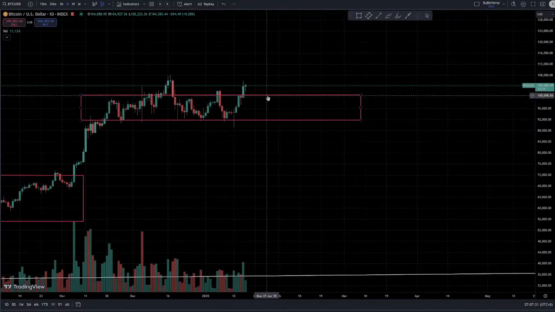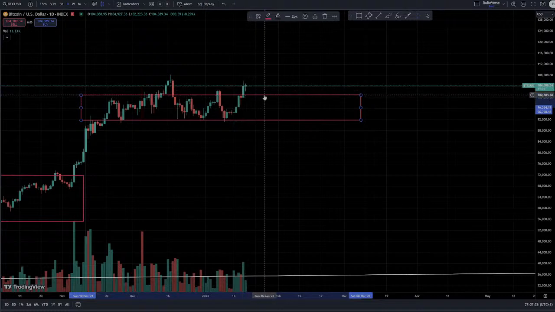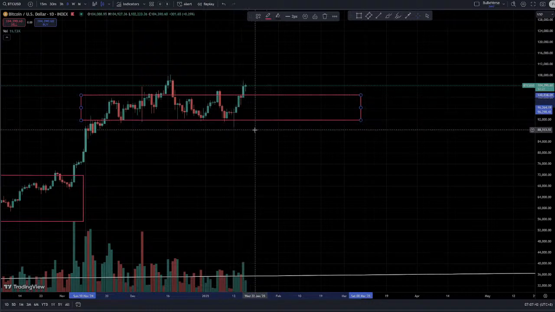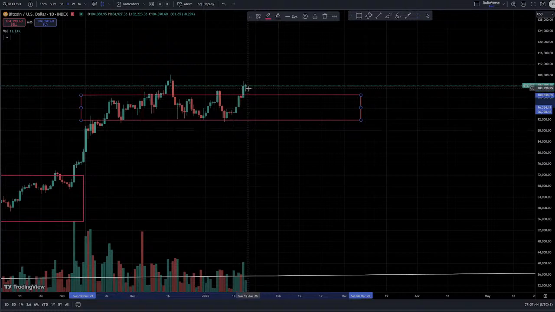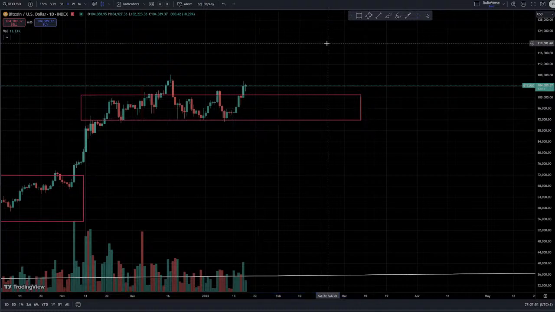So as long as it's above this resistance line of this pink box or below the pink box, there is a high tendency for the price to go back to the price zone within the box. So we've seen these a few times.